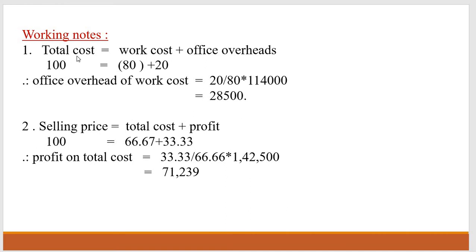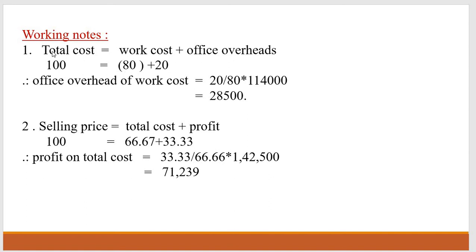Office overhead is 20% of total cost, so I am taking office overhead as 20. Therefore work cost is 100 minus 20, that is 80.